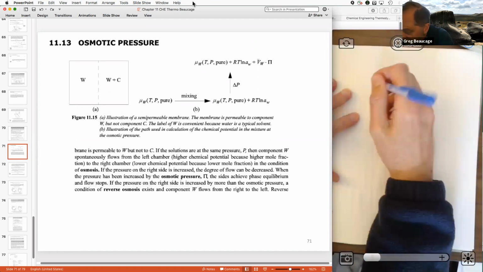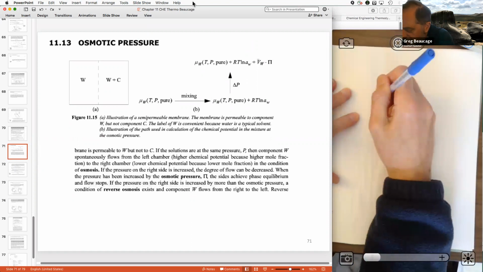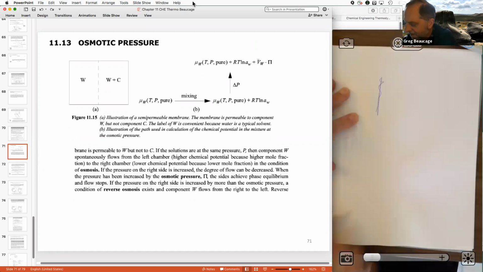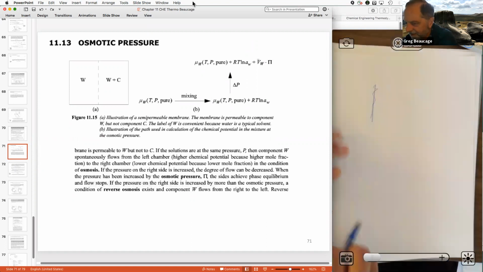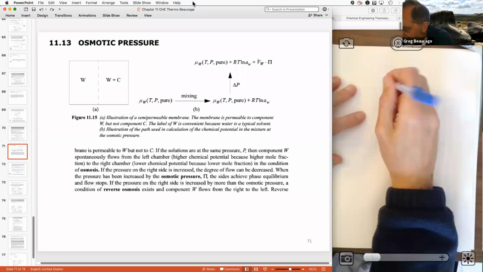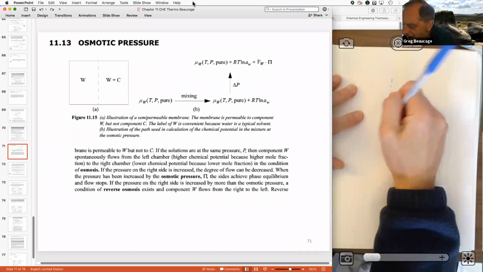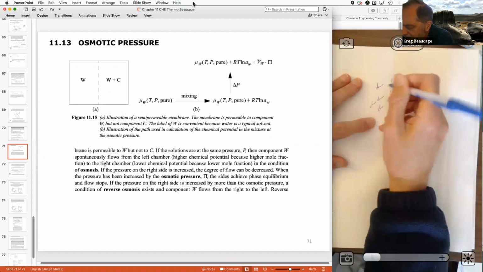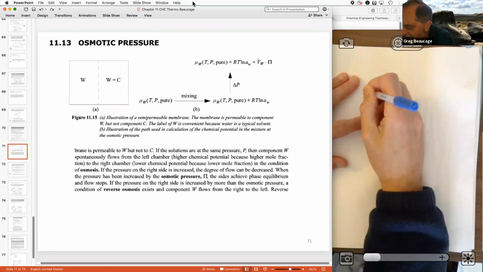So the idea is this: you have a semi-permeable membrane. Let me make it different than that. So you have a semi-permeable membrane, and you have your solvent here, and you have your stuff, which is going to be, say, a protein. So it's a colloid.